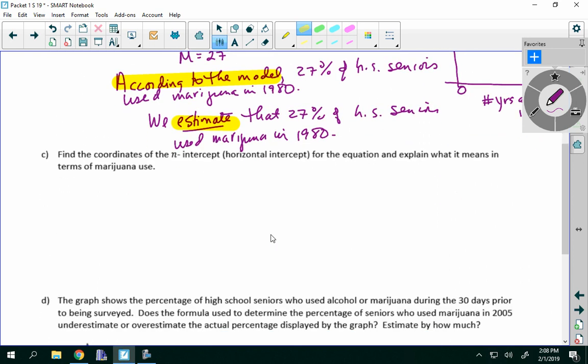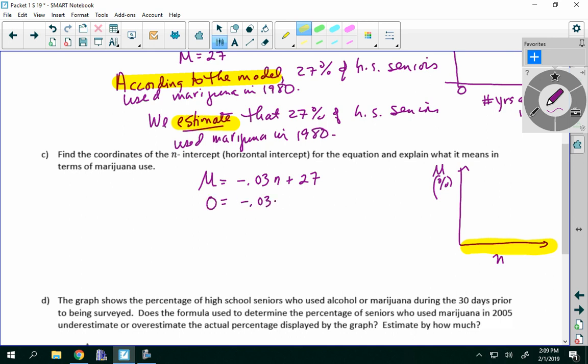Okay, let's go down to our N-intercept. Here's our M axis, percentage, and N is the number of years. So we would be some point on this axis. So here we would have the value 0 for M. So I'm going to rewrite my model once again. And again, I don't memorize this. I just think about what my picture looks like. M is 0.